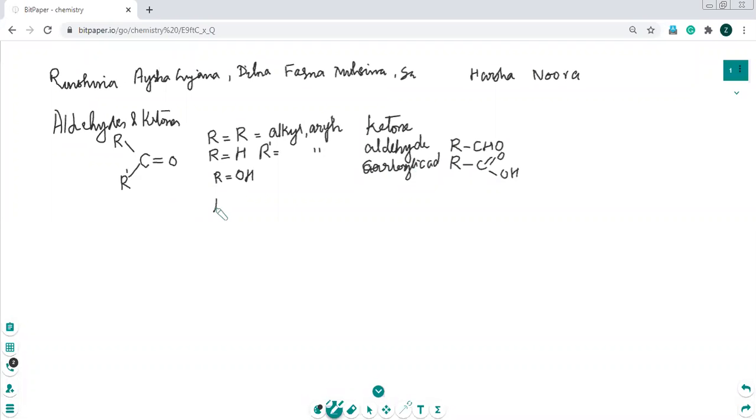If R equals OCH3 or OR dash, then you call it as ester. R C O O R dash, ester. If R equals NH2, you call it as amide. R CONH2.